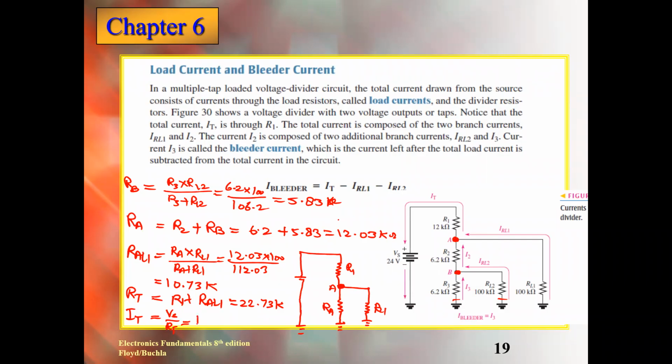May I know the unit? Ampere. Check, be careful. Don't just focus your attention on the calculation. You should also check the units, which is very important. Ampere, all the time it will be ampere, regardless of the value.